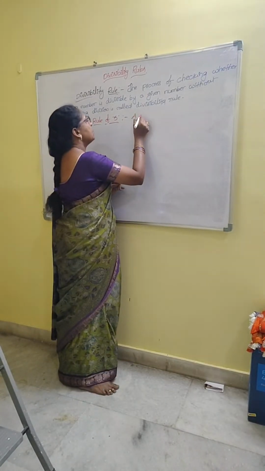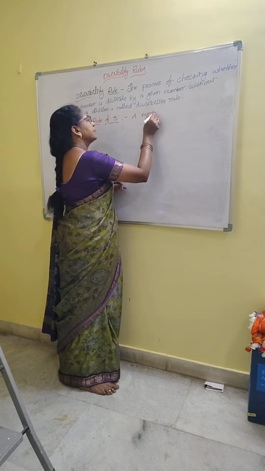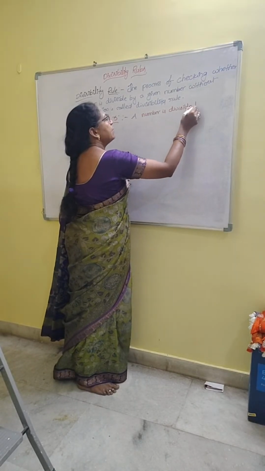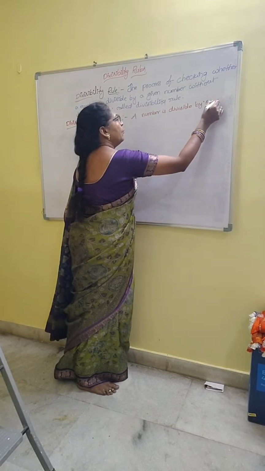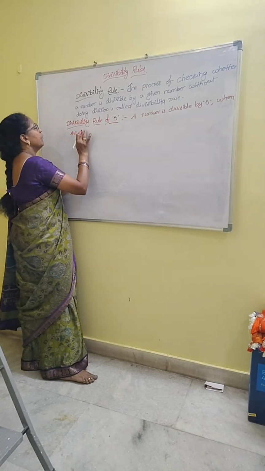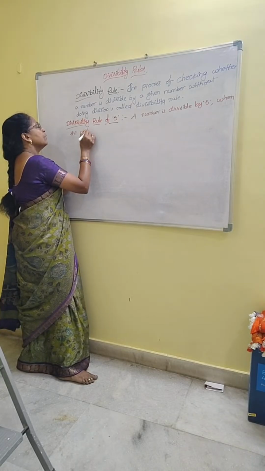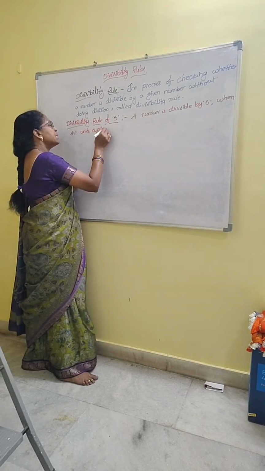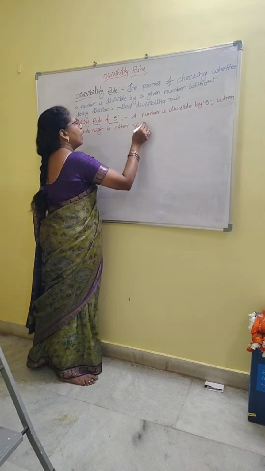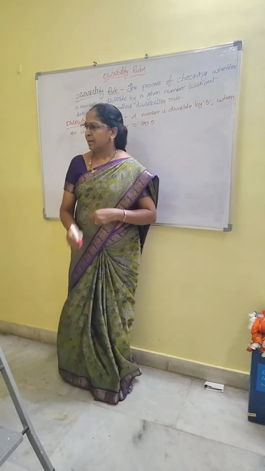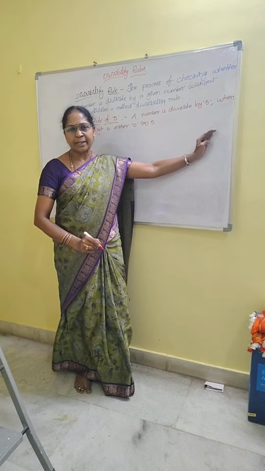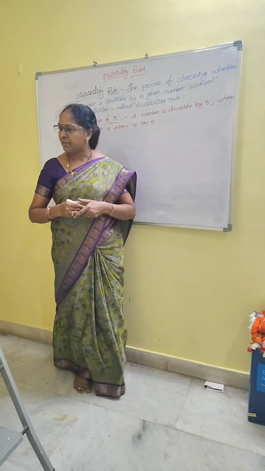A number is divisible by 5 when the unit digit is either 0 or 5.